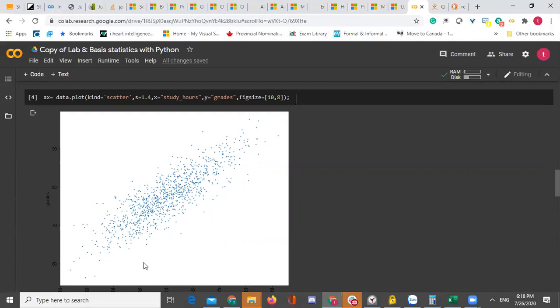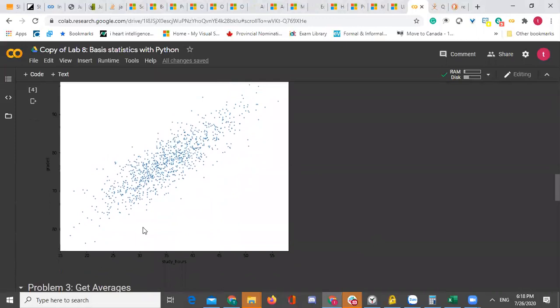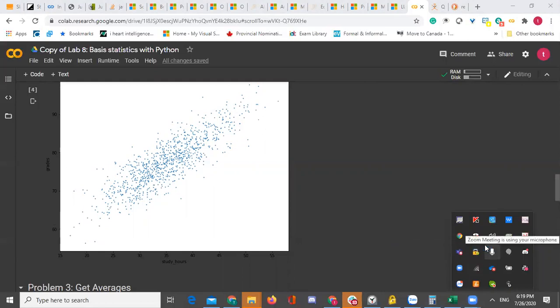For example, you take 3 hours of study time, and all the values there at 3 hours, you take the mean of these values. You get the average of this one, the average of this one, and so on. Each value should be an integer.